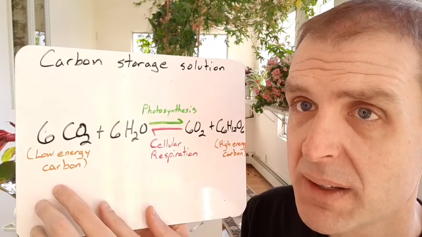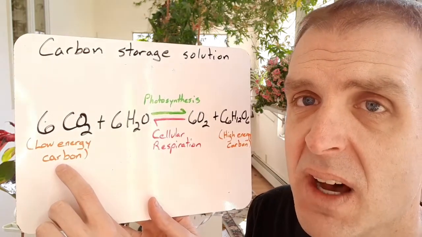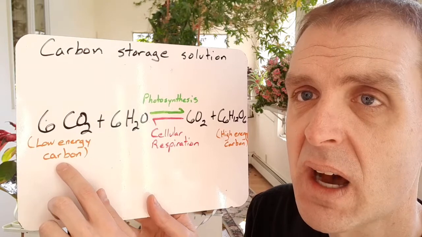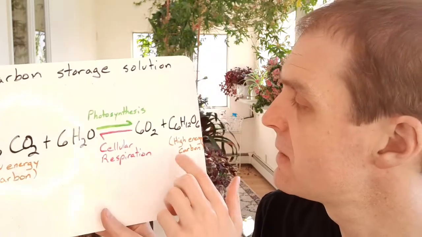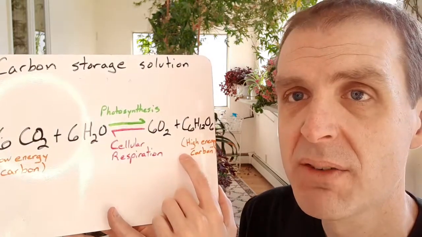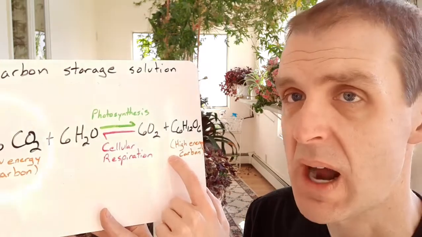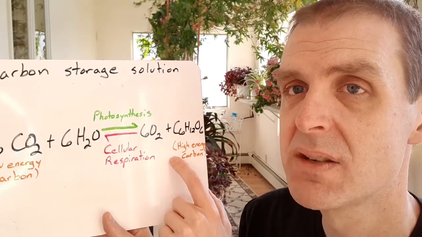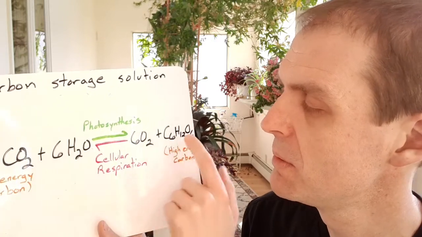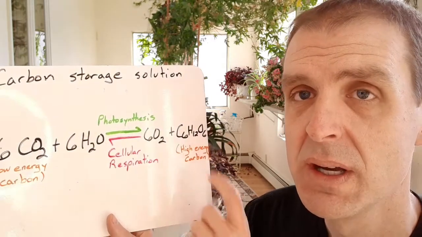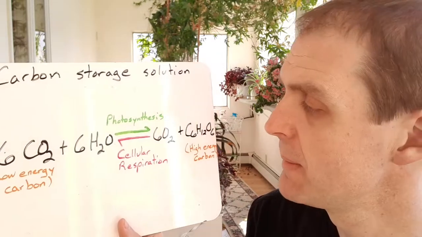But the thing I want to focus on is the carbon. When a carbon has oxygens next to it, it's in the oxidized state, and so it has low energy built up in those bonds. Whereas when you have carbons that are connected to hydrogens through covalent bonds, those are high energy bonds. And so by reducing your CO2 to sugar, you can store energy as a chemical source, okay?